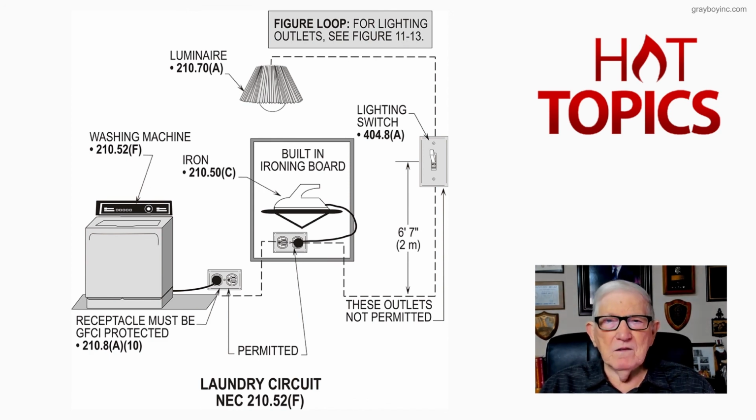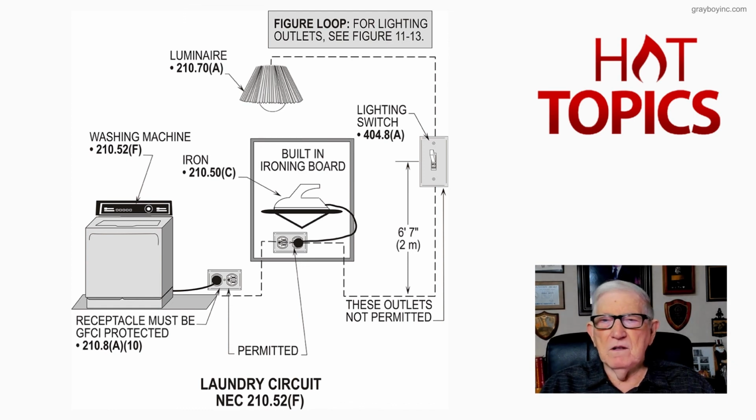Now, getting into this laundry circuit, first of all, if you have a lighting outlet, 210.70A that you see in the illustration, we can go over to figure 11-17 and get into the installation requirements of luminaires.